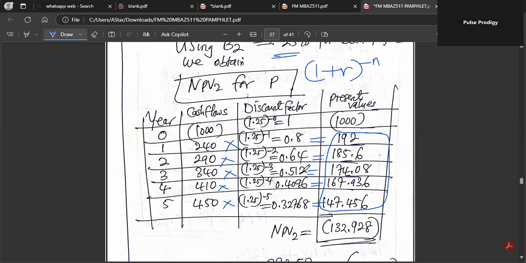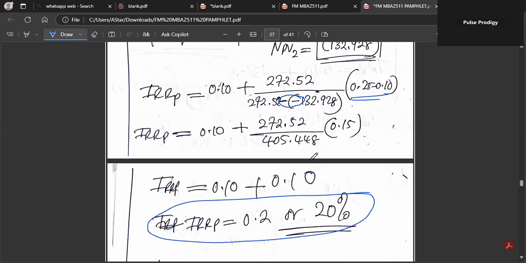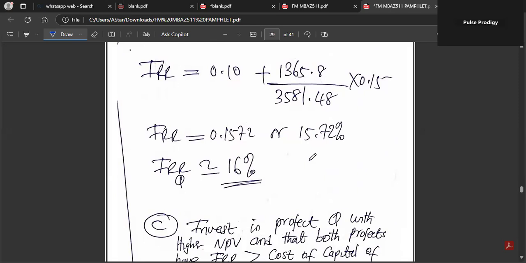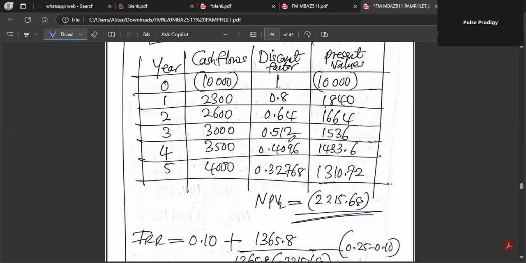These figures are just the same as these ones here. So we are now multiplying these ones. 10,000 by 1, you're getting that amount. This one by 0.8, you're getting that amount. This one by that, you're getting that amount, even this one.